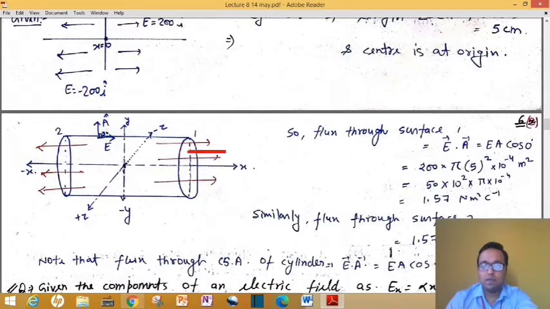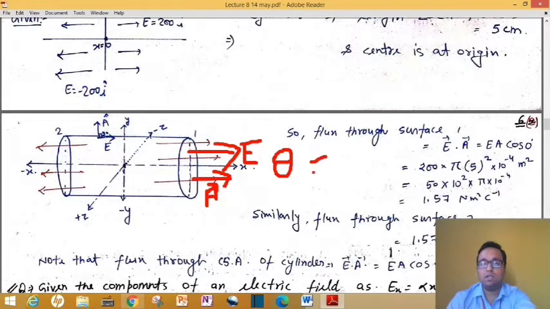So the direction of electric field is towards the x-axis, and if I ask you what is the direction of the area vector, you will say it is also towards the x-axis, or towards plus i. Why? Because your area vector has a direction perpendicular to the given surface. So if I ask you what is theta, the angle between E and A, your answer will be theta equal to 0 degree.